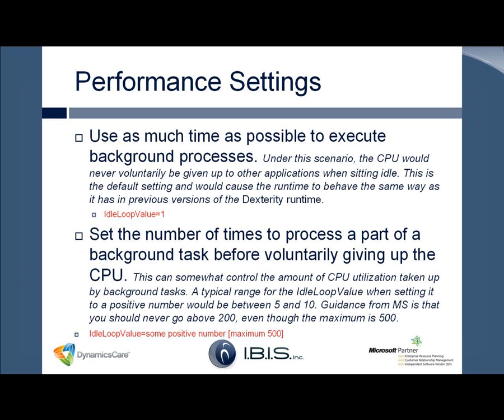There is one other option, and that's to set it to some number other than 0 and 1. In essence, what this is saying is give up background processes, but not all the time. I don't have a lot of guidance for this because not a lot of people mess with it. Microsoft says the number should be between 5 and 10 and should never go above 200, even though the maximum is 500.